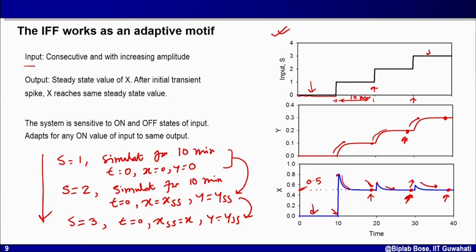I have an input of consecutively increasing amplitude. S is changing from 0 to 1 to 2 to 3. And the output, which is nothing but the steady state value of X, has a unique behavior that after an initial transient spike, X reaches a steady state value which is the same for all values of S. In other words, the system is sensitive to the on and off state of the input and adapts for all on values to the same output.